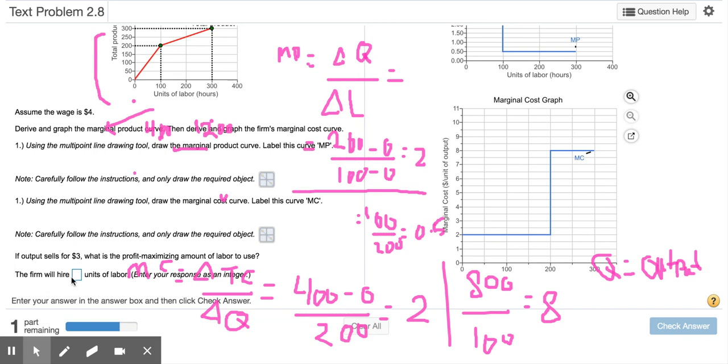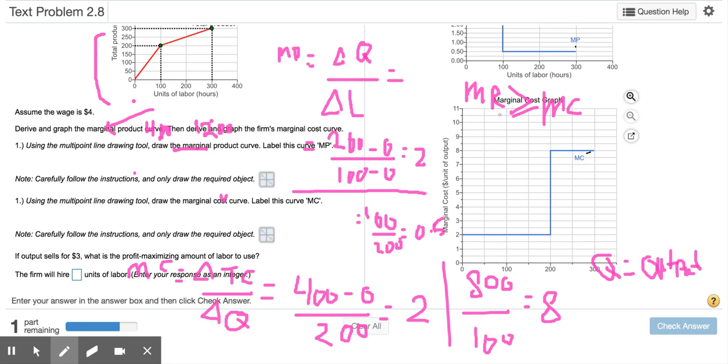So this firm, if the price of output is equal to $3, remember the profit maximizing condition: marginal revenue should be equal to or higher than marginal cost. With $3, this company shouldn't produce beyond 200 units because marginal cost is equal to 8. Marginal revenue, which is the price, is $3, but each additional unit will cost you $8.